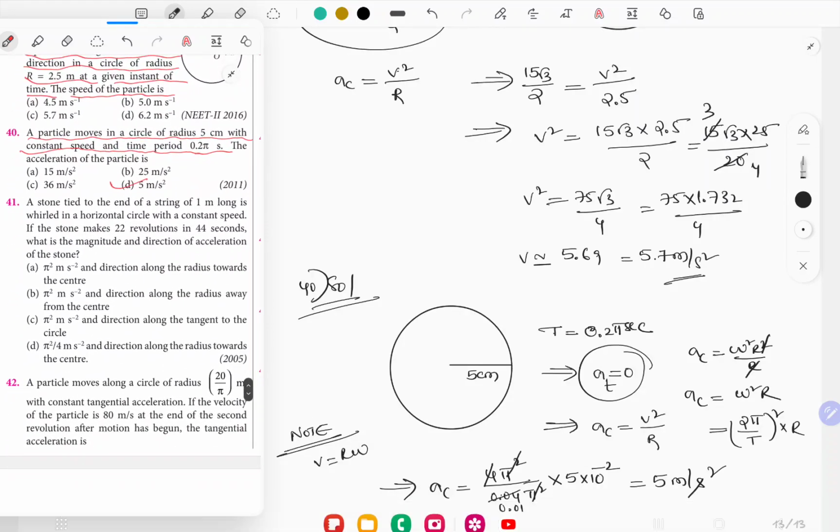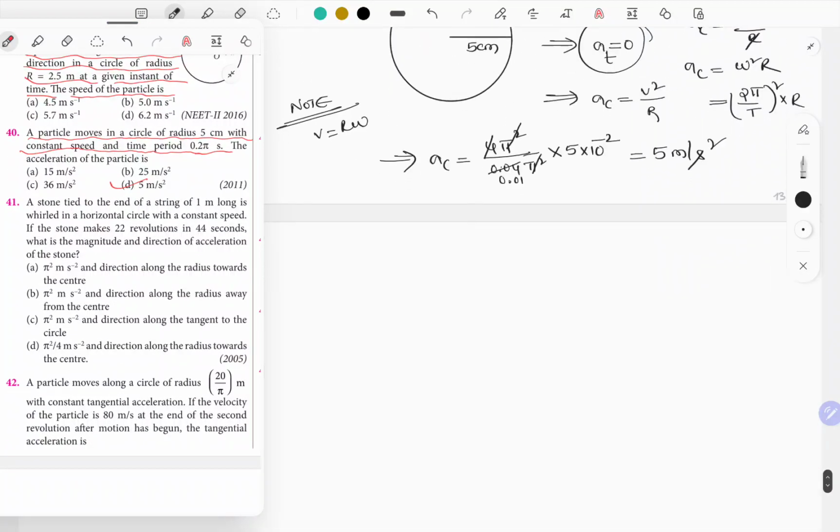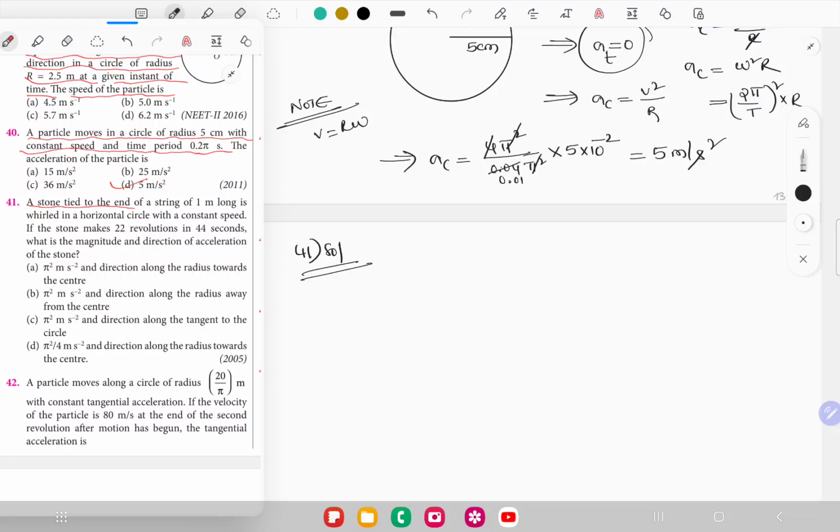Okay, super. Next, question number 41. In question number 41, they have given a question like this. A stone is tied to the end of a string 1 meter long, and is whirled in a horizontal circle with a constant speed. If the stone makes 22 revolutions in 44 seconds.